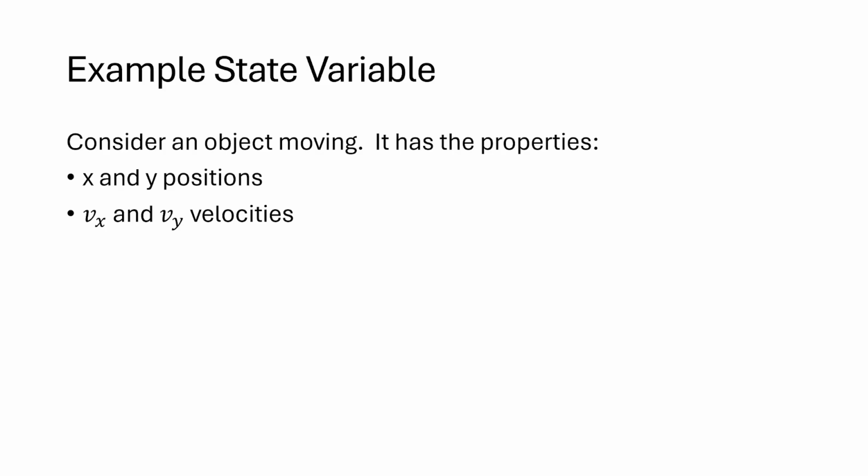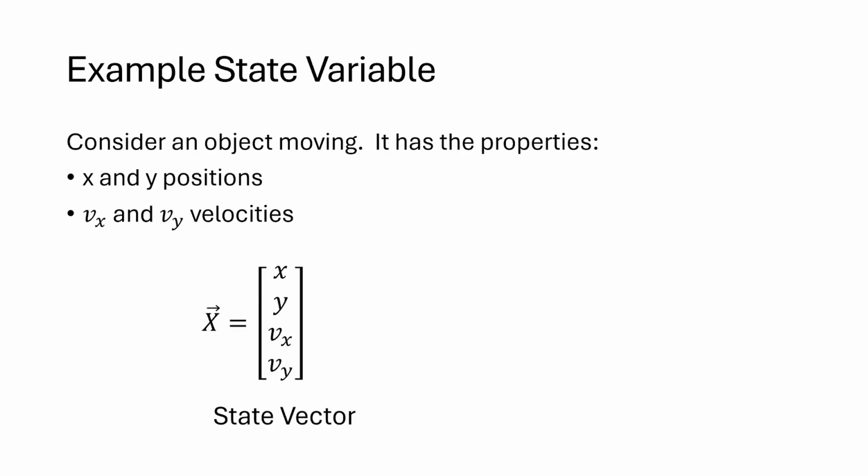Let's show a quick example of making a state vector. Let's consider some moving object. It has an x and y position, and it has velocities in the x and y directions. So we can make a state vector, and the different states in it are x, y, vx, and vy.